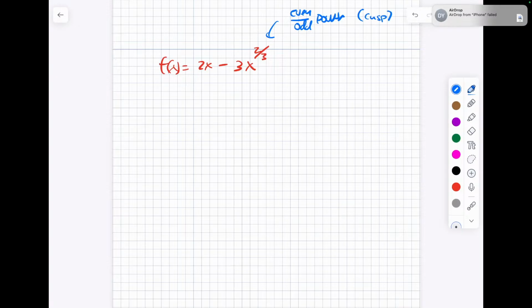Now, interestingly, with this one the critical number is a little bit unexpected. Can you find a critical number for me in here? This is a little bit of a plot twist. Okay, find a critical number and I'll tell you if you did it right or wrong. Just take a derivative and set it equal to 0.